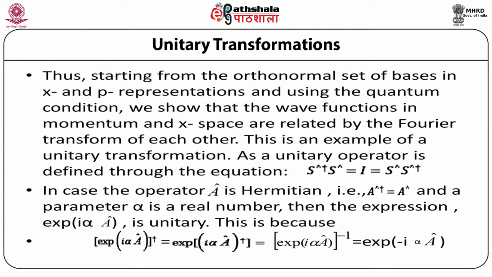This is because (exponential iαA)† is equal to exponential of −iαA†, and this is equal to (exponential iαA) to the power −1, or inverse, and this is equal to exponential of −iαA. So in this manner, through these equations, we can see that the expression exponential iαA is unitary.